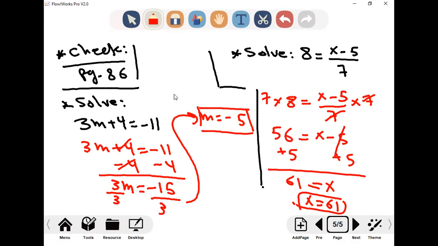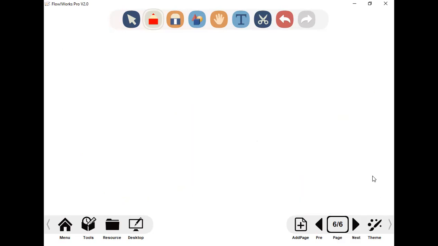So continue. Additional 150 means plus 150, right? Continue. So the full budget is how much? 630. So here, let's write our equation. This is example 2. Let's see, what is the cost?